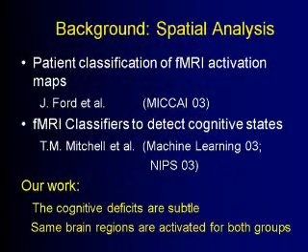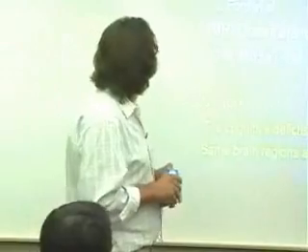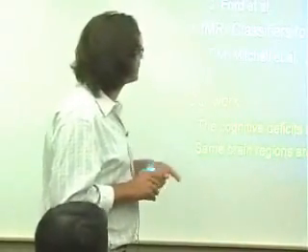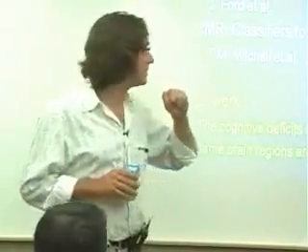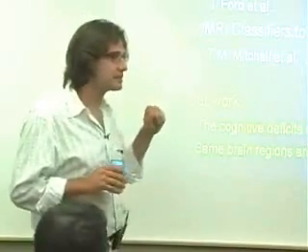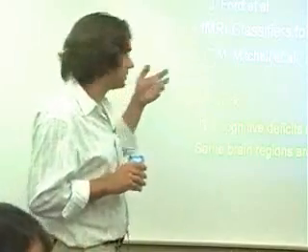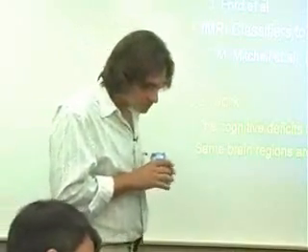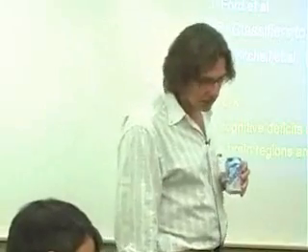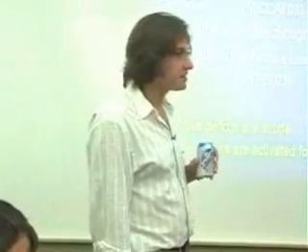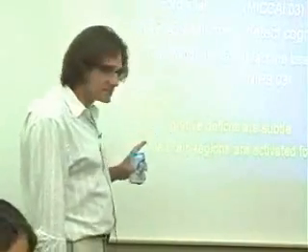Spatial analysis has been done before. I think the first one was for Alzheimer's. Then they started looking at classifiers to detect cognitive states, meaning memory versus looking at something versus reading and so on. In our case, the cognitive effects are fairly subtle, and we're talking about the same general brain regions for both groups.